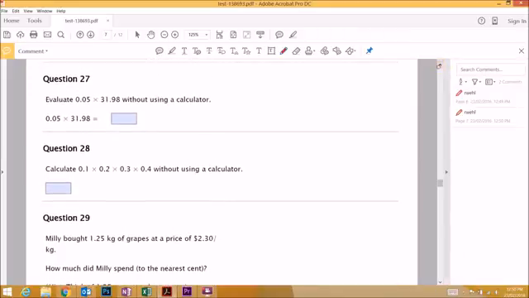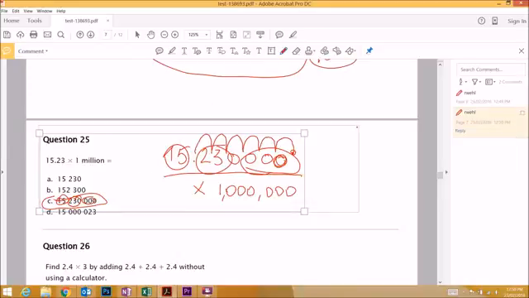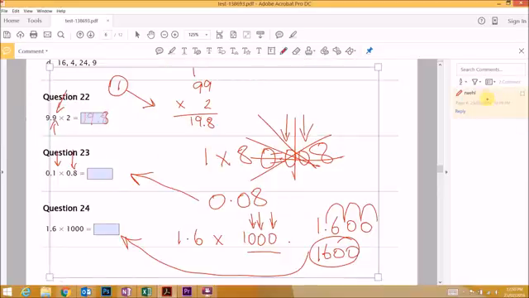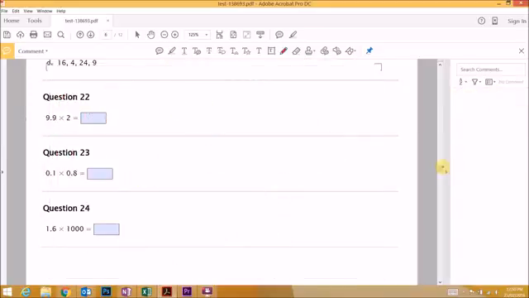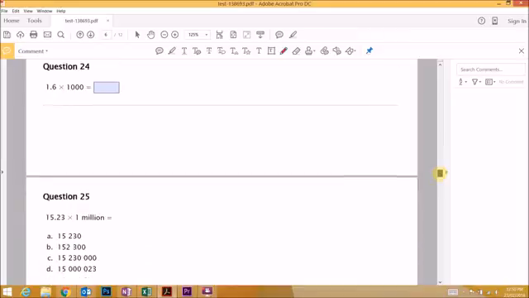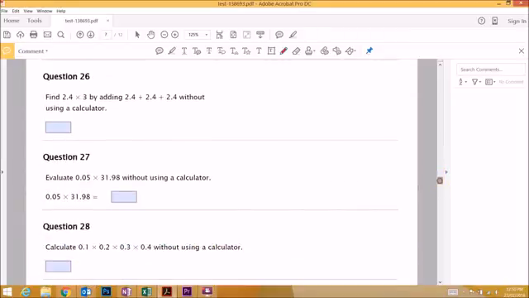Let's have a look at 27. Actually, we need to do 26 first. Find 2.4 times 3 by adding 2.4, 2.4, 2.4 without using a calculator.